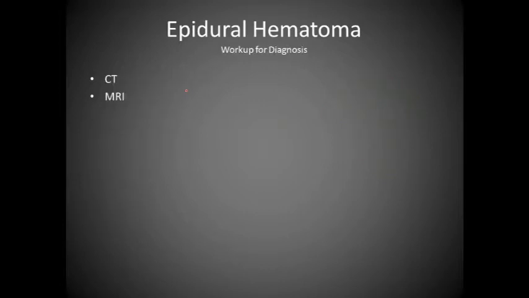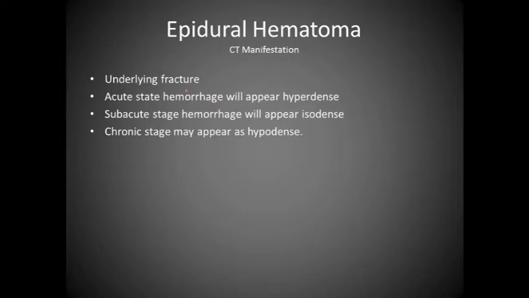And so the workup for diagnosis, really there's no labs or anything, it's just simply CT or MRI. And in terms of CT, we're going to look for an underlying fracture. An acute stage hemorrhage will appear hyperdense. So if it's just come on all of a sudden, it's going to appear hyperdense, or white.